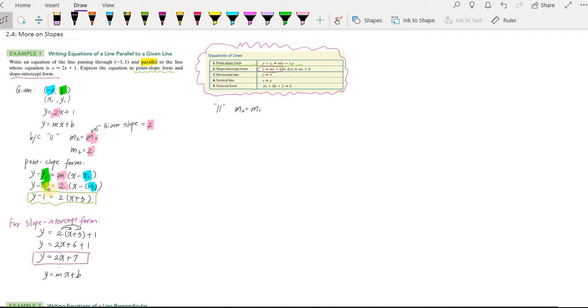We simplified it a little bit and turned it into point-slope form. That's the first part of the question. The second part is slope-intercept form. From there, we just add 1 to both sides of the distribution and turn it into y equals mx plus b form. Okay, that is our example 1.